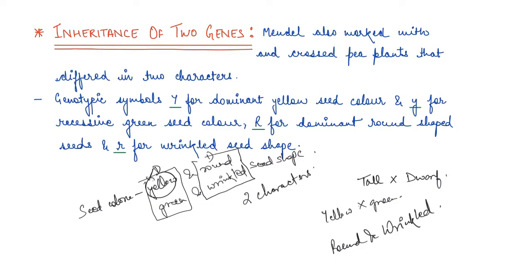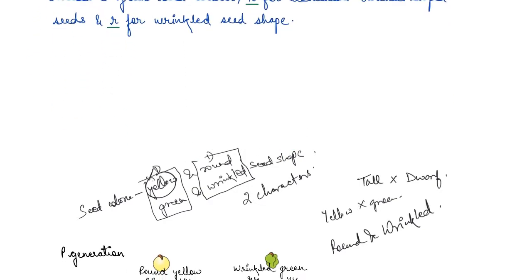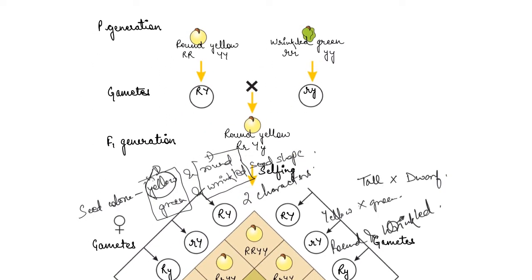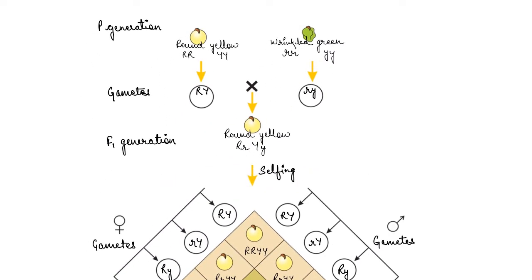So now let's study it with the help of the Punnett square itself, and let's see a few examples. Let's say that we are using the genotypic symbol capital Y for dominant yellow and small y for recessive green.